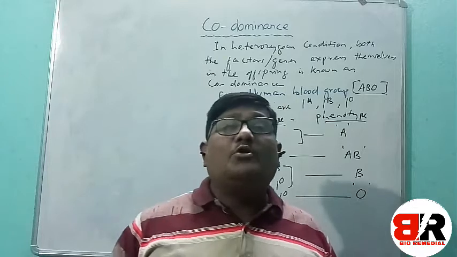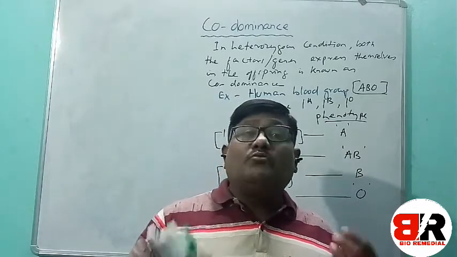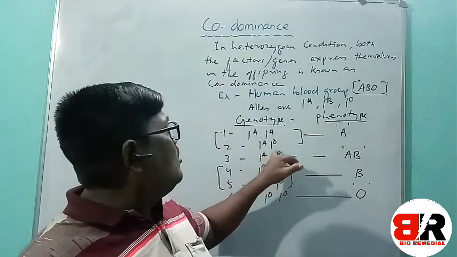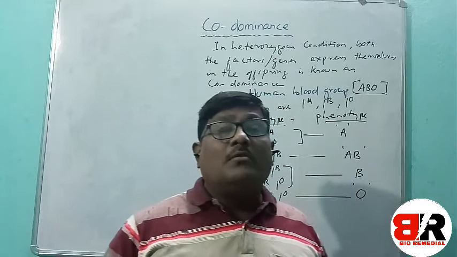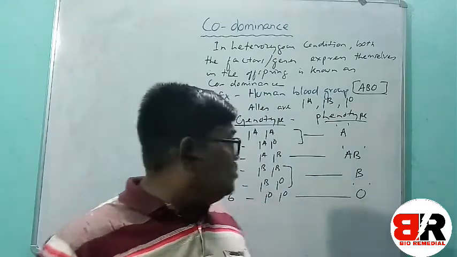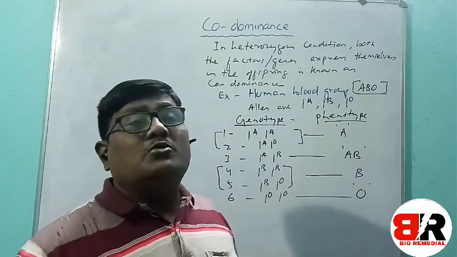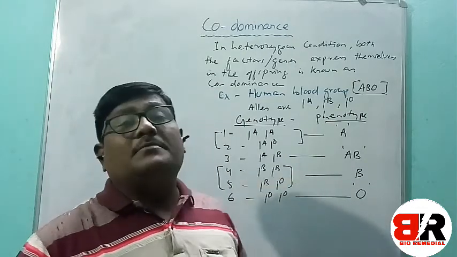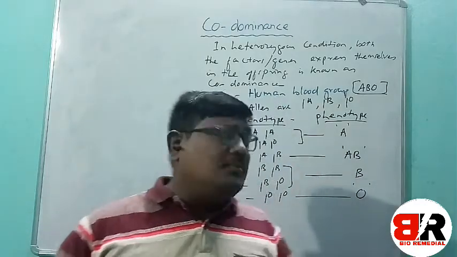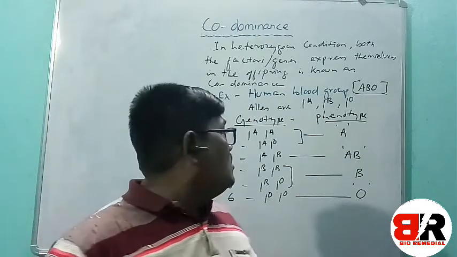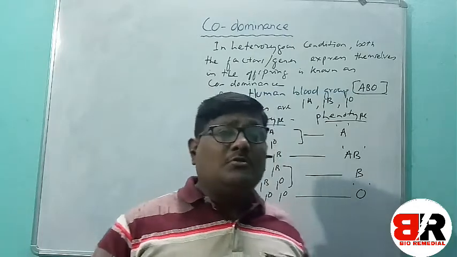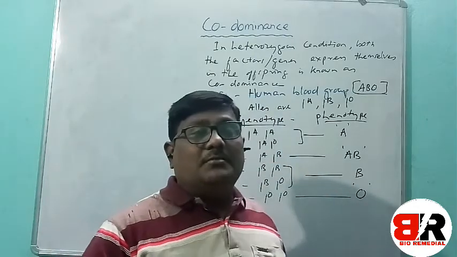If we have blood group A, there could be 2 different possible genotypes: IA-IA combination or IA-IO combination. If a person has blood group B, he or she also has 2 possible genotypes, that is IB-IB and IB-IO. If a person has blood group O, he or she has only one possible combination, that is IO-IO, and the person having blood group AB has one possible genotype, that is the IA-IB combination.